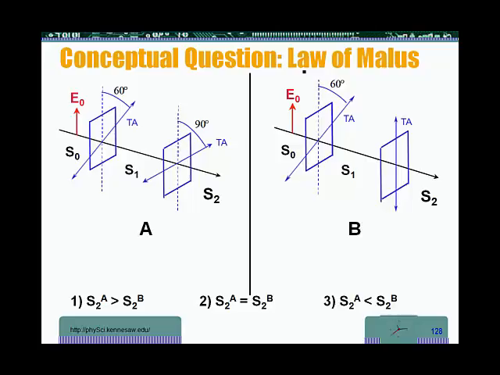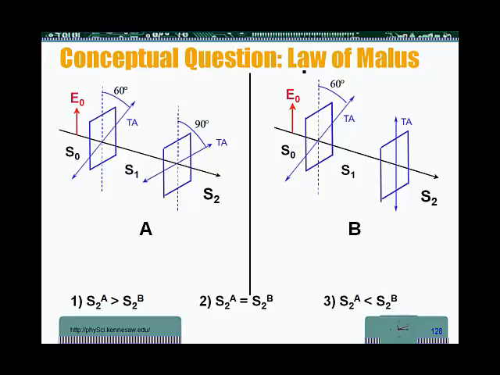Okay, a couple of questions here. We have two configurations. In the first configuration, the light is polarized along the vertical, and we have the first polarizer having a transmission axis of 60 degrees relative to the vertical, and the second polarizer with a transmission axis along the horizontal.